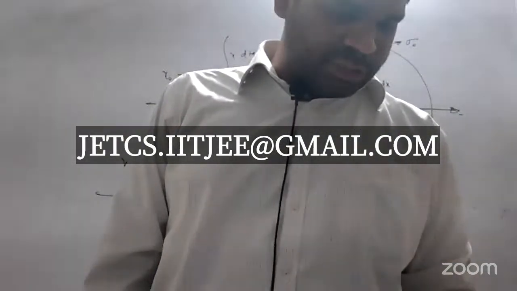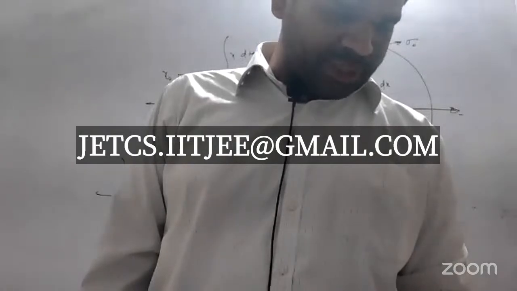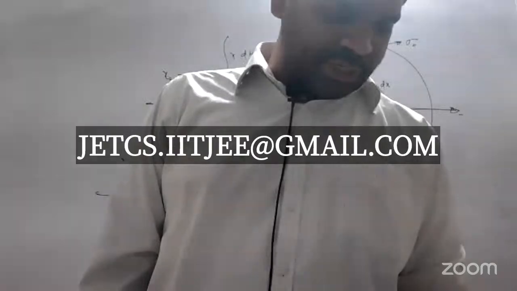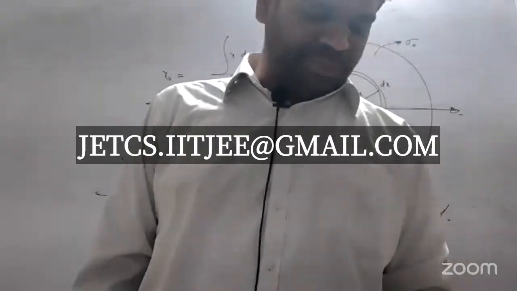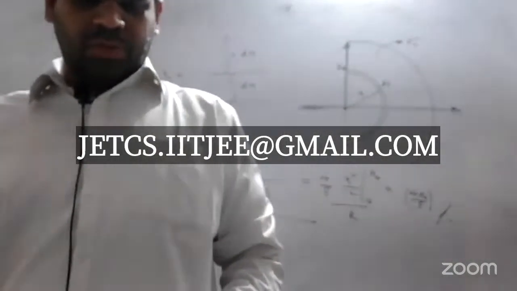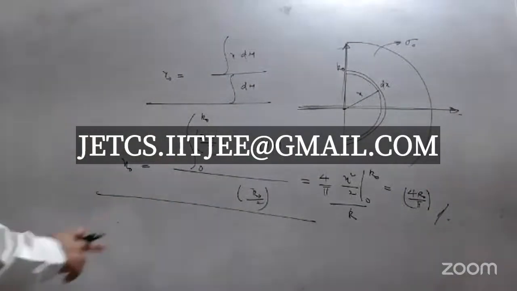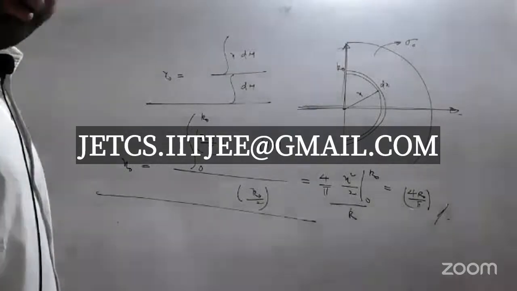Read the sixth question. Determine the coordinate of the center of mass of a thin homogeneous plate having the form of a rectangle with side r and 2r, from which a semicircular portion with a radius r is cut out. For a semicircular disk, it is 4r by pi.